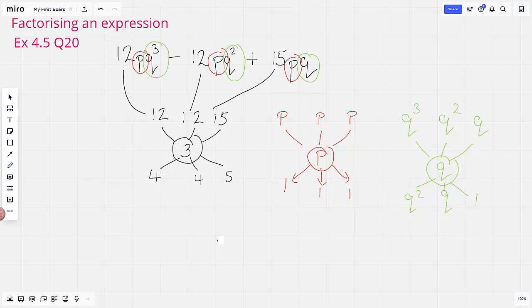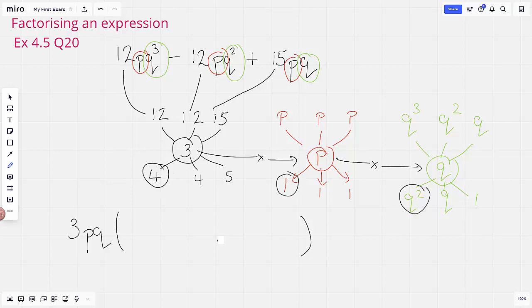Well, let's write our solution up then. We're going to put down our brackets like this, and we're pulling out 3 multiplied by p multiplied by q, 3pq. And inside, we'll take the 4 multiplied by the 1 multiplied by the q squared, so we get 4q squared.